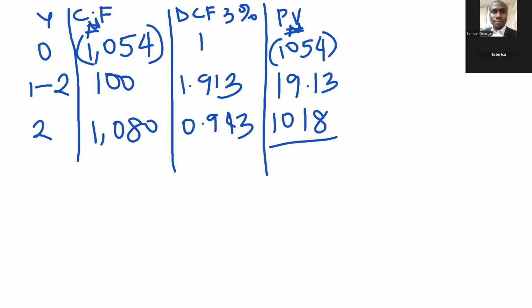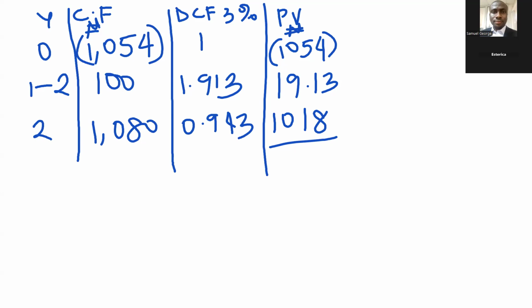I got 1018. Then 1.913 times 100. So I got, okay, yes, 1.913 times 100.